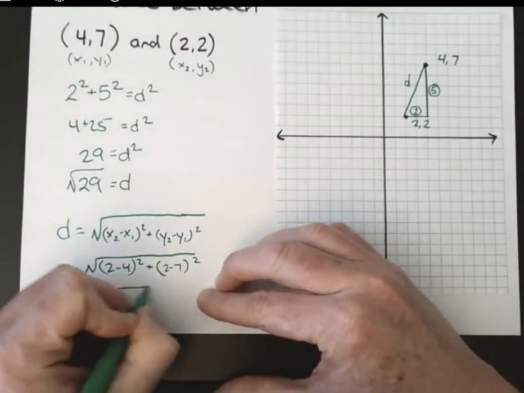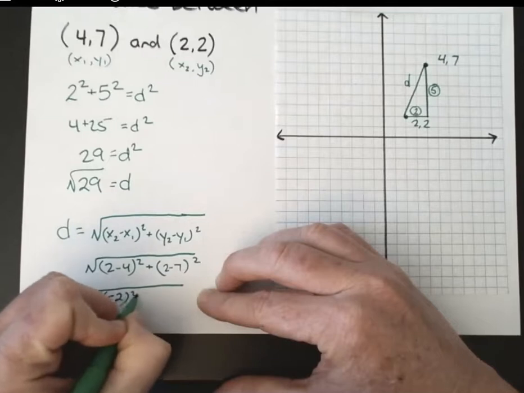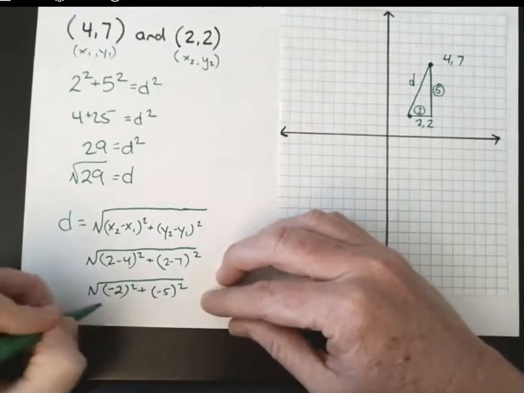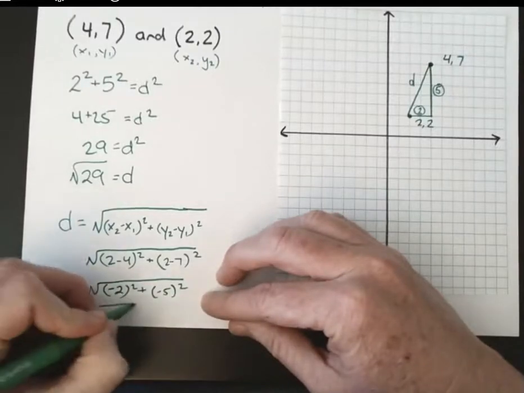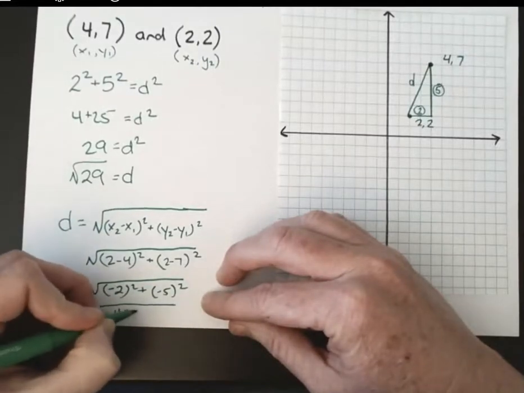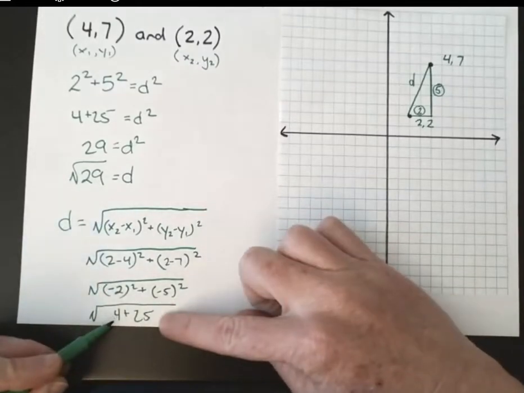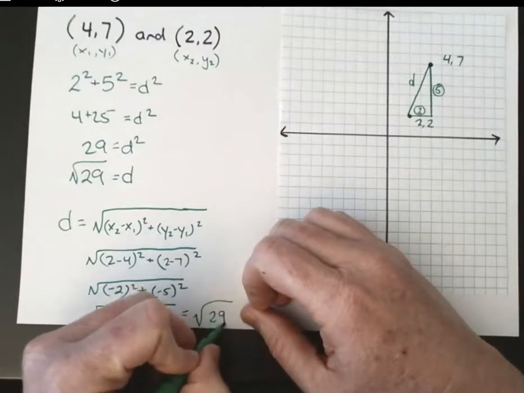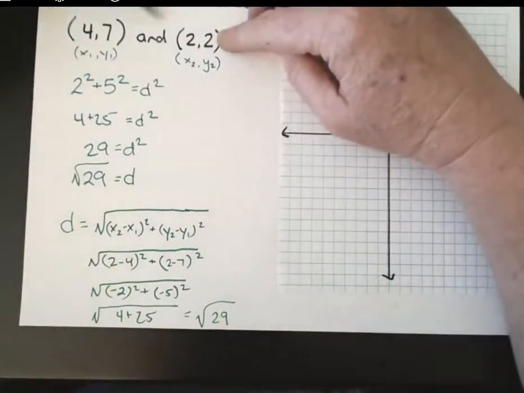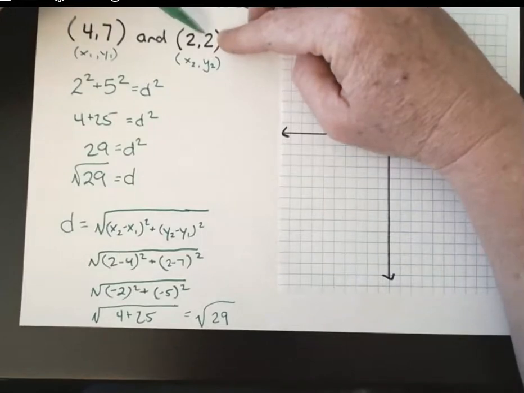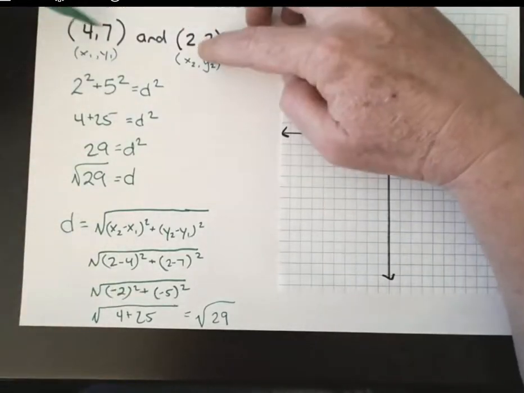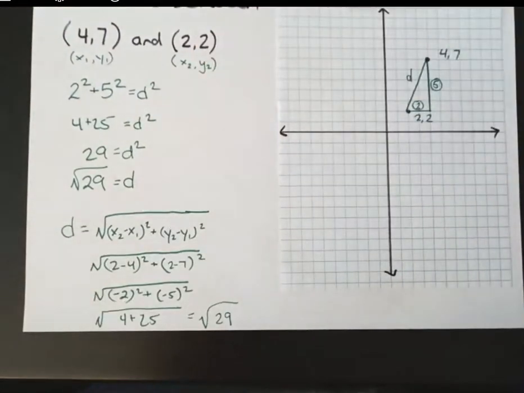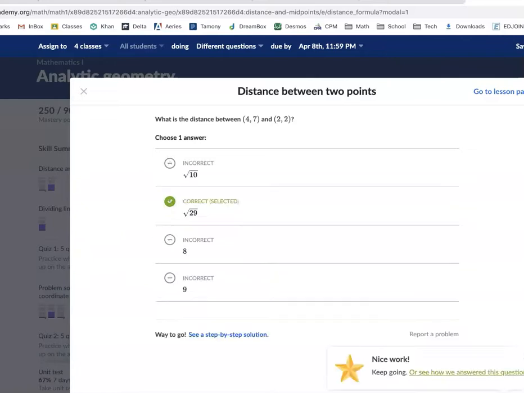And what you end up with is negative 2 squared plus negative 5 squared, which if you work that out, you end up with 4 plus 25, the square root of 29, which is the exact same thing we had up here. What I like to do is I just like to find the distance from 2 and 7, that's 5. And the distance from 2 to 4, that's 2. And just square those values. Done. Our answer would be here.